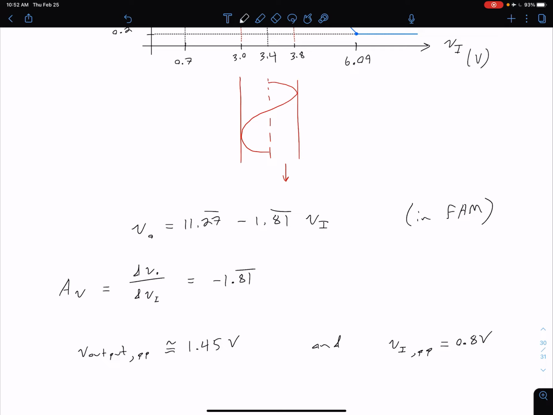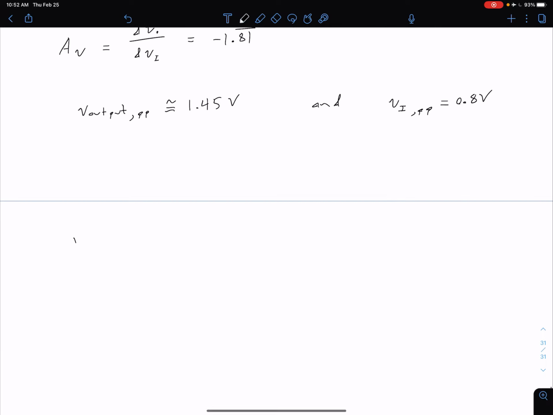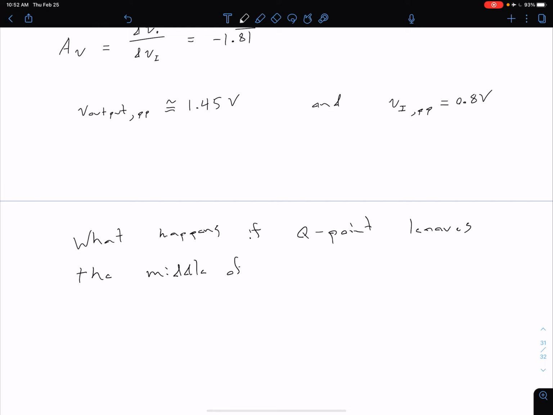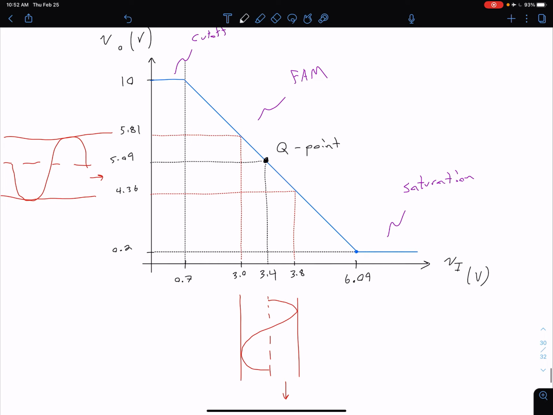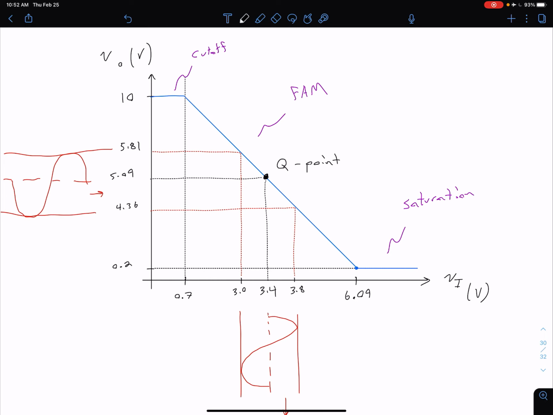So the question then becomes, what if our Q point moves too far to one end or the other? So what happens if the Q point leaves the middle of the active region? What we're saying is basically we're taking this Q point right here.